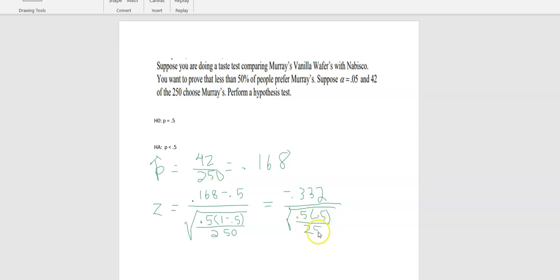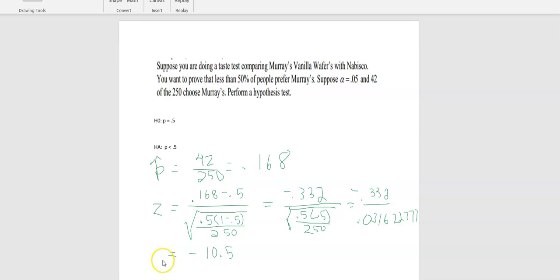And now I'll put all of the bottom in the calculator. And I get 0.031622777, and I'll do that last division, and round to the tenths place, and I get negative 10.5.